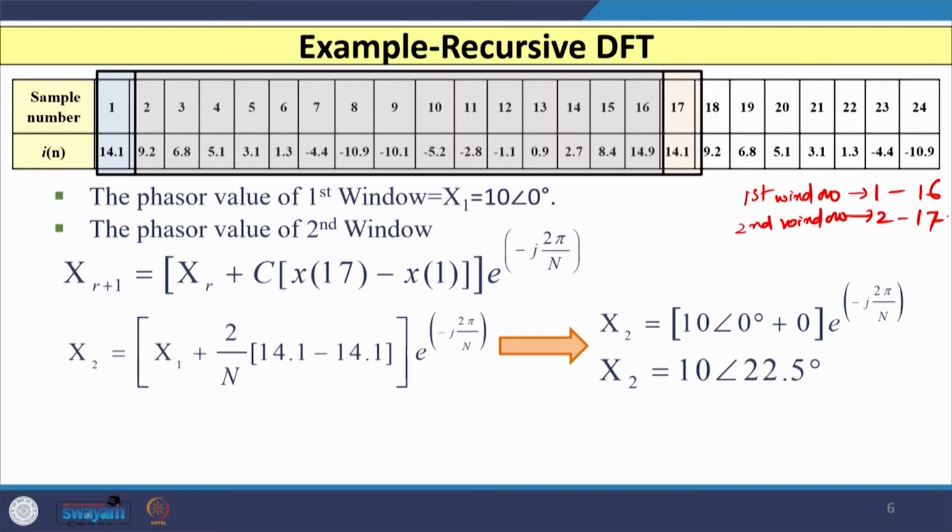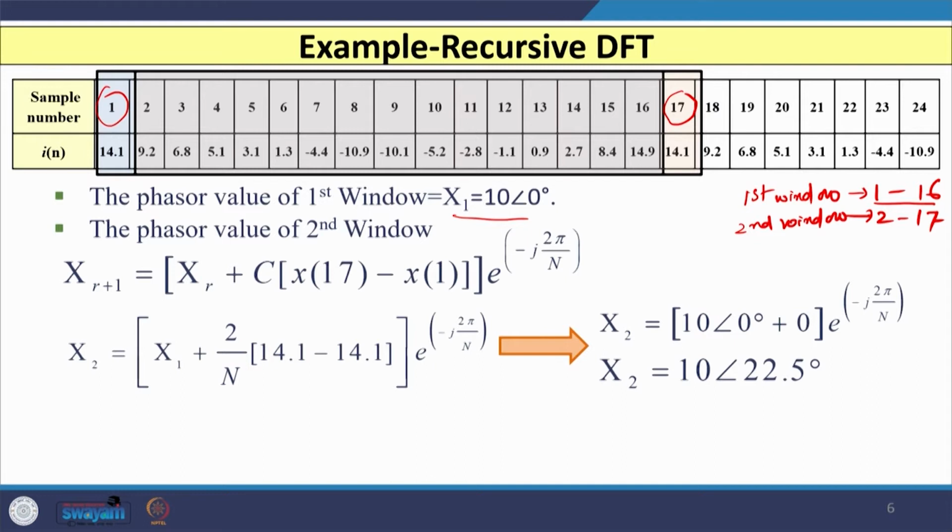So, the only difference is that sample number 1 needs to be discarded, and sample number 17 is to be included. So, we have already calculated the phasor value x1 for the fundamental component, that is 10 angle 0, for the first window when we considered 1 to 16 samples.